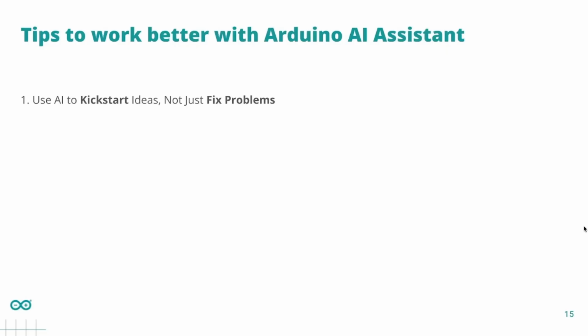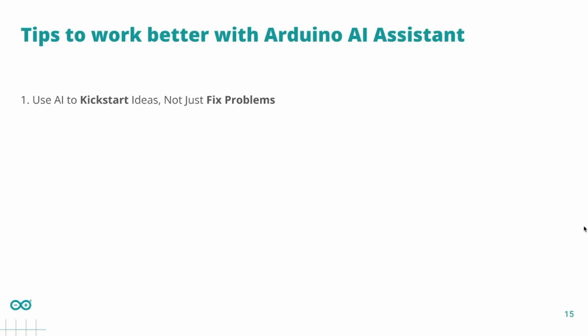First one, use AI to kickstart ideas, not just fix problems. So consider the AI as your teammate, as a companion. You can use the AI to kickstart ideas, starting from scratch, from a blank project.